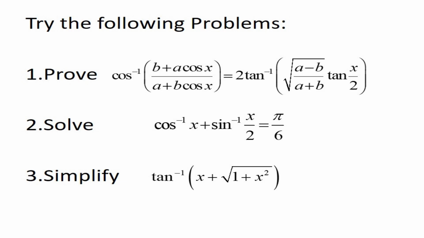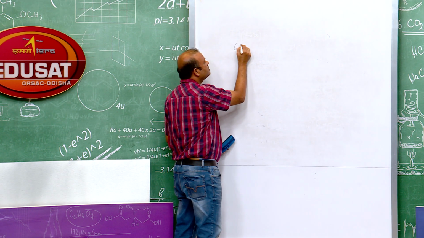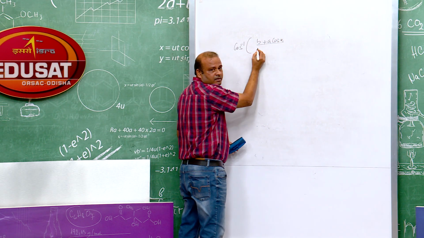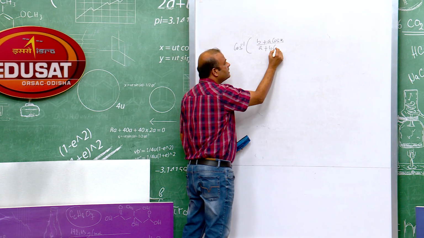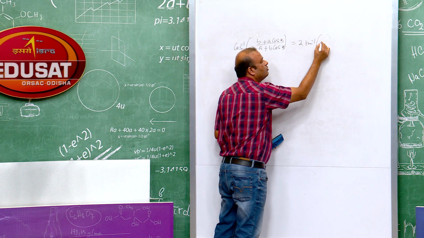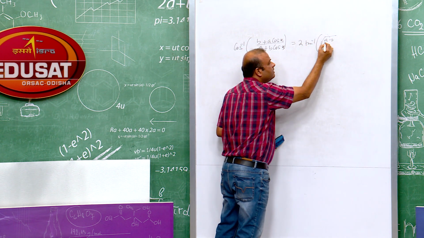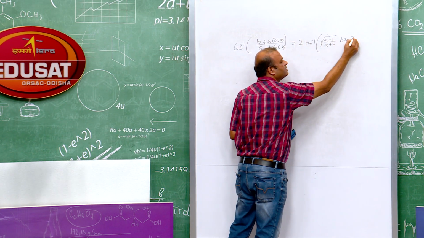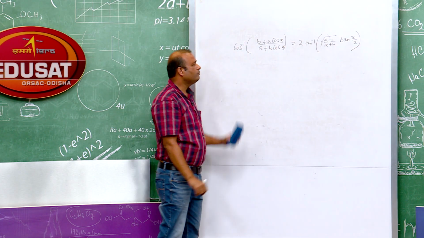Next one is cos inverse of (b plus a cos x) divided by (a plus b cos x) is equal to 2 tan inverse of root over of (a minus b) by (a plus b) tan x by 2. So you have to prove this one.